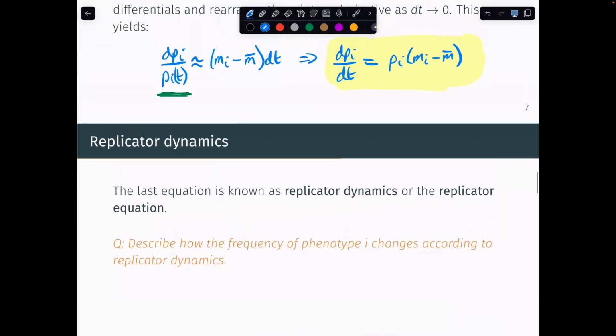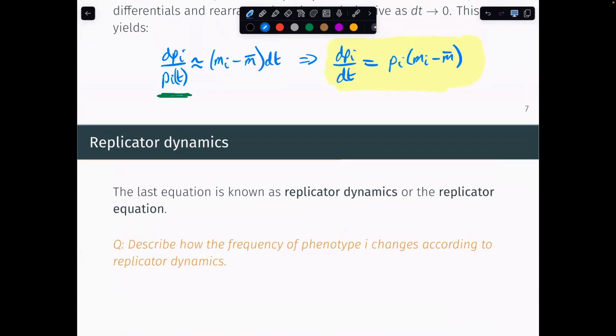Wondering if mi is greater than m bar, will there be a positive growth in the frequency? Exactly. And this is just like when we had the population genetics setup with the difference between wi and w bar. This is intuitive, right? Things that have a higher per capita growth rate than the rest of the population should increase in frequency.